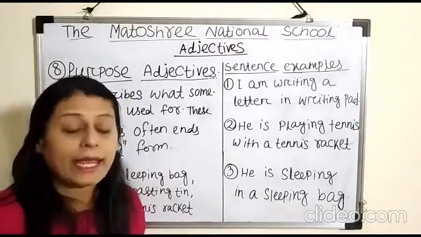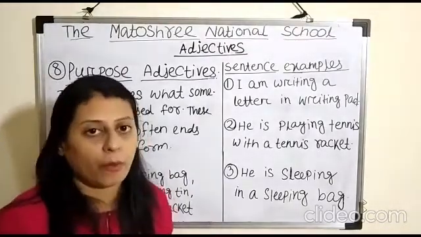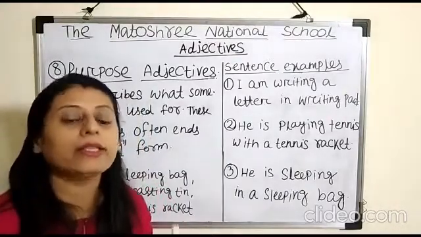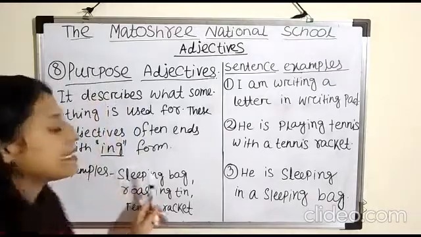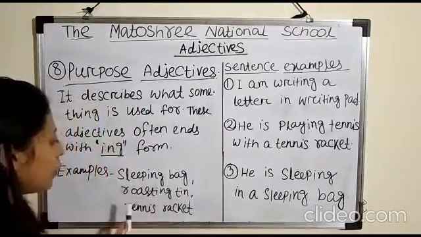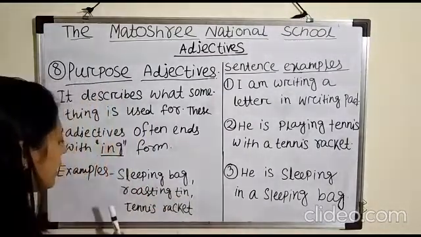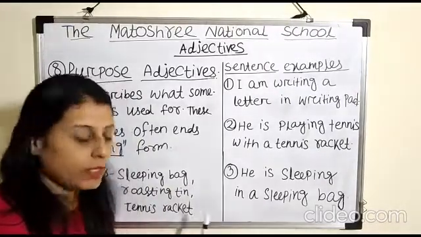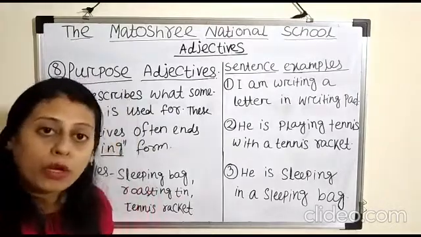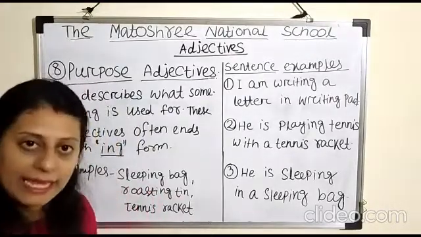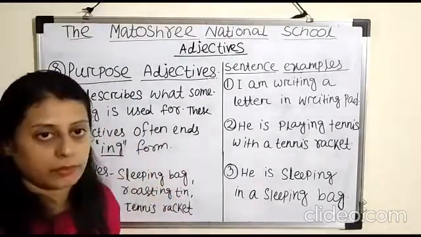And it often ends with the ing form. Let's see some examples, like sleeping bag, roasting tea, tennis racket, racing car, rolling pin. These are some examples of purpose adjectives.